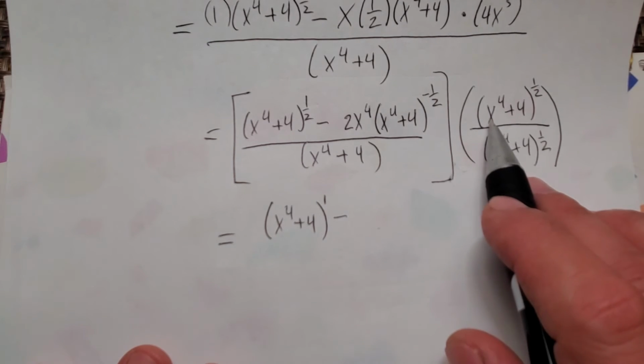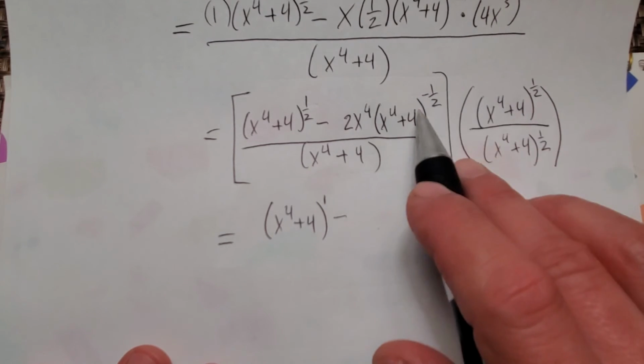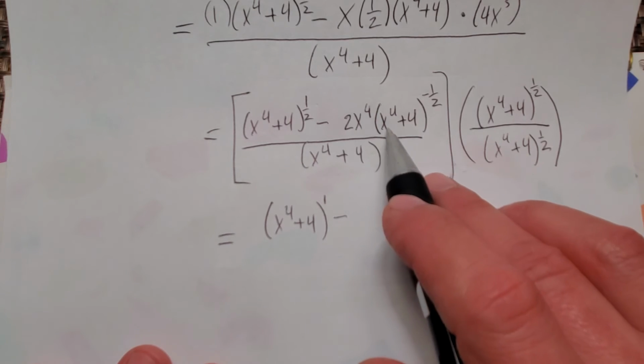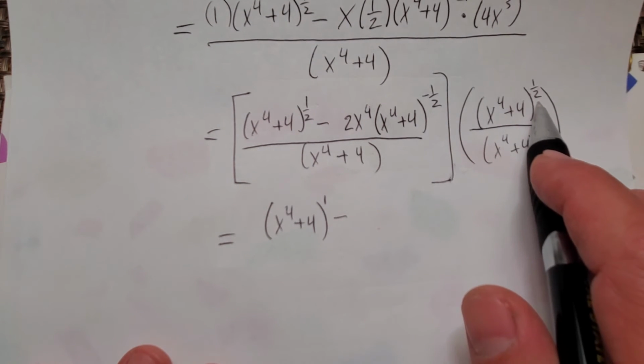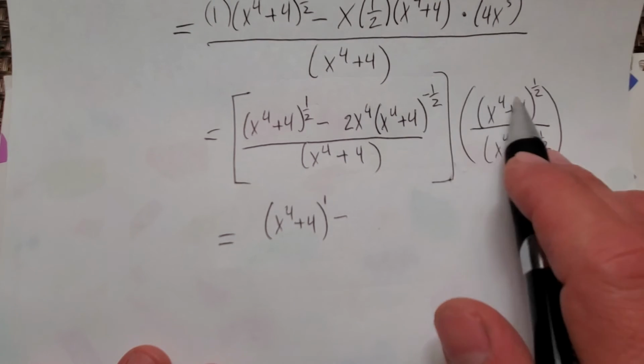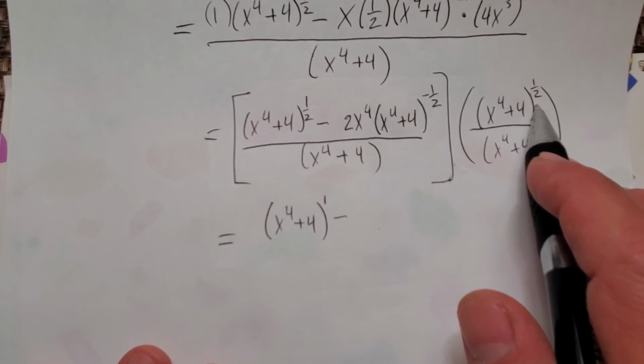Now what happens when I multiply x to the 4th plus 4 to the 1/2 times this entire thing? Well, notice again, we're going to add these two exponents. So negative 1/2 plus 1/2 is 0.